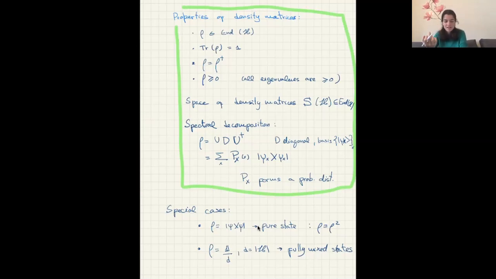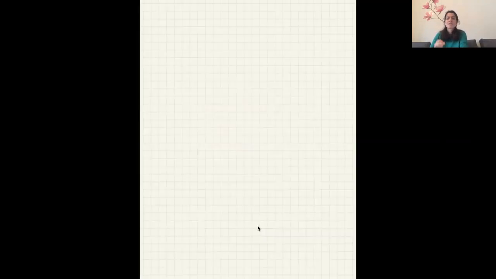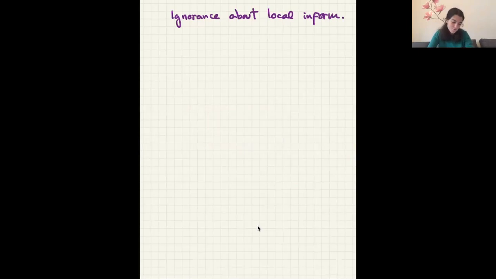And there's a very natural example. This is when we have ignorance about local information. So, for example, why would this be natural?